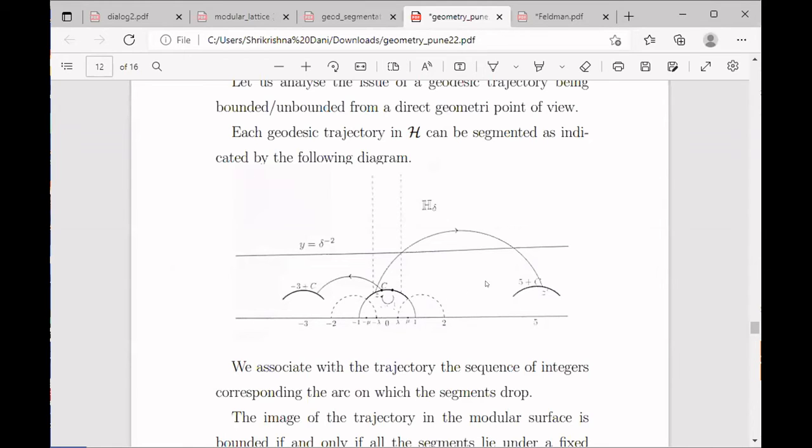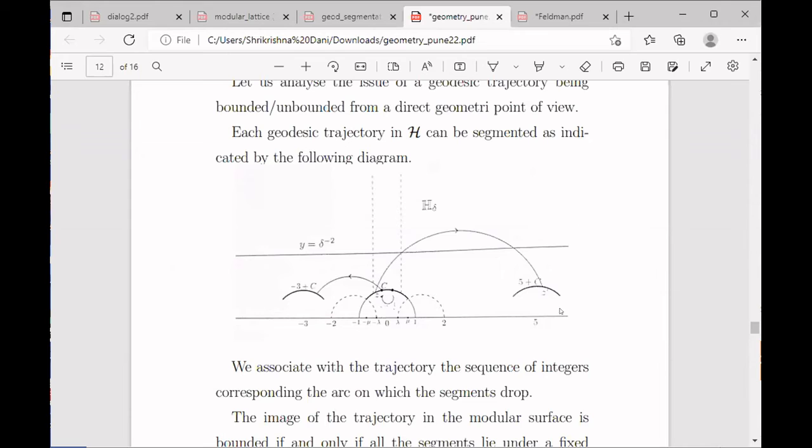It's not exactly that, but you can see that if this thing is going to be very large, this thing also has to be very large. So it is now obvious that the sequence of numbers I associated with this being bounded exactly tells me whether the geodesic is bounded or not. Well, so it looks like yes.